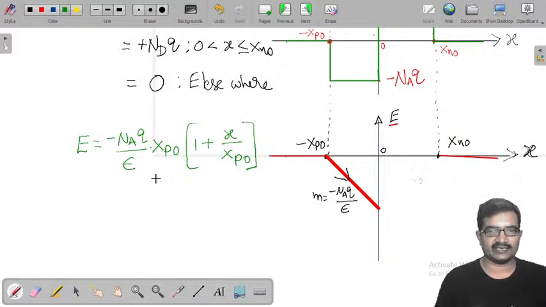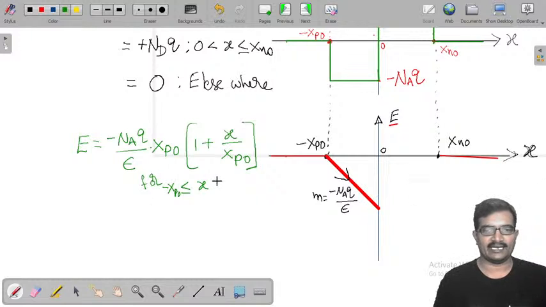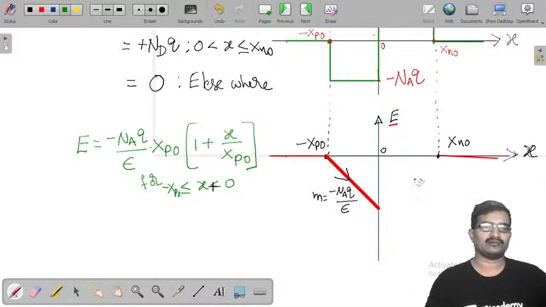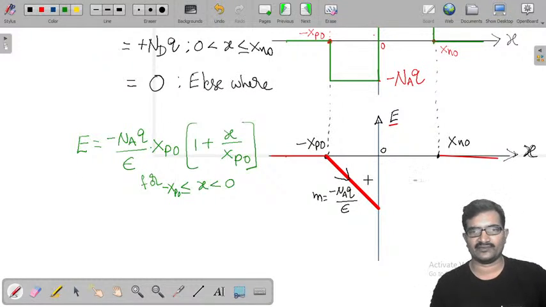This is the equation for x greater than or equal to minus xp naught and less than 0, and this is the plot for it.